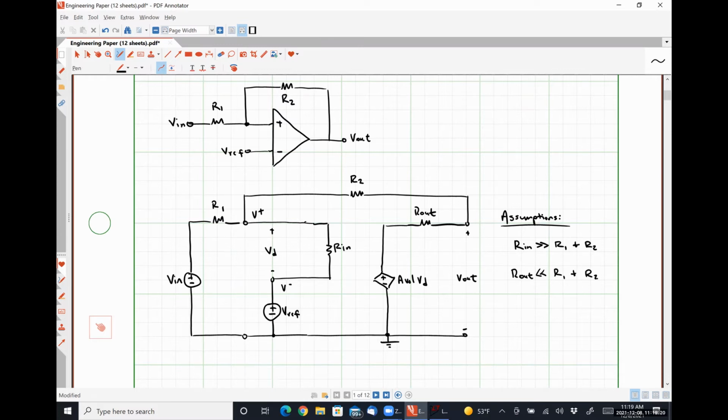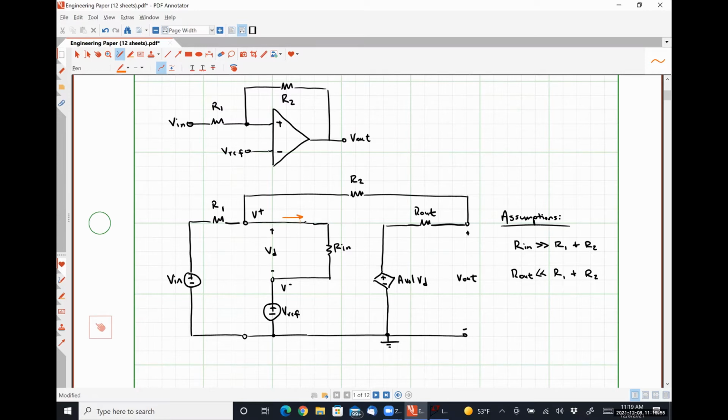This second assumption, that R out is significantly less than R1 and R2, effectively is just forcing V out to be AVOL times VD or VCC plus in some cases and VCC minus in the other cases. So this is what is fixing our output swing to go from VCC plus to VCC minus. All right.